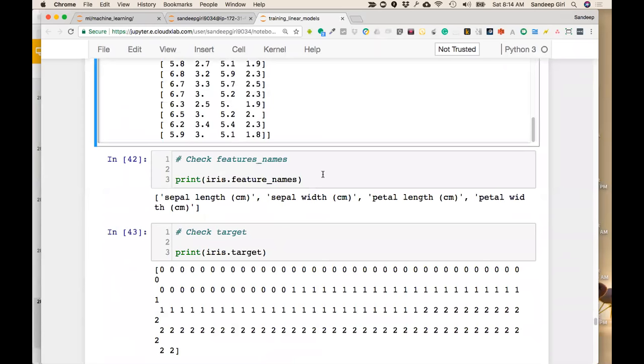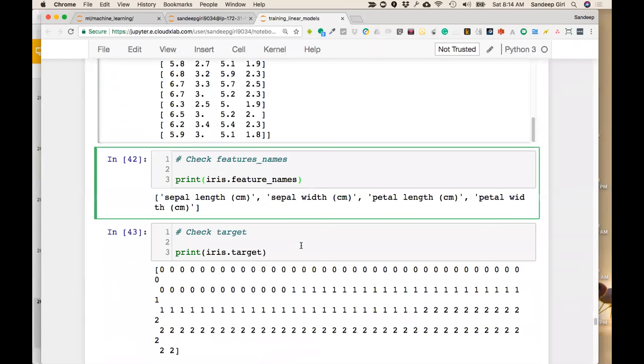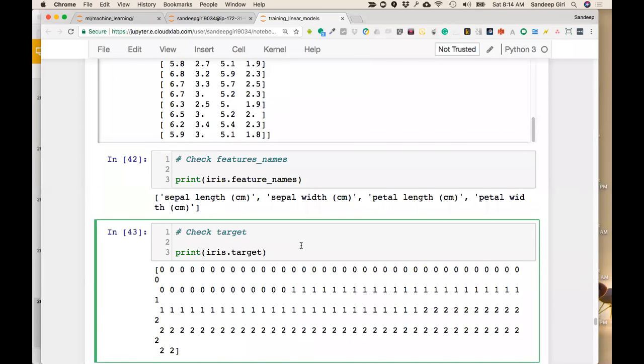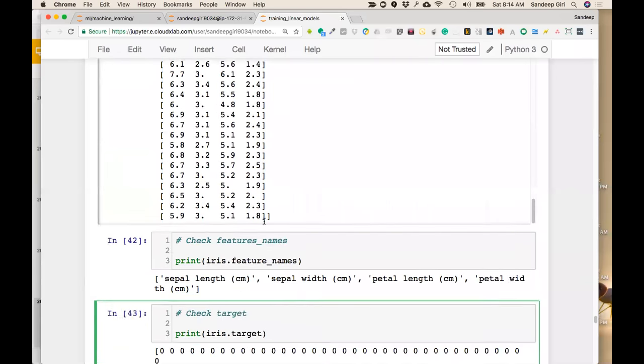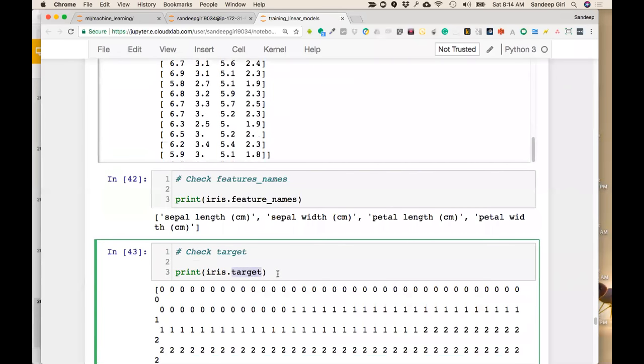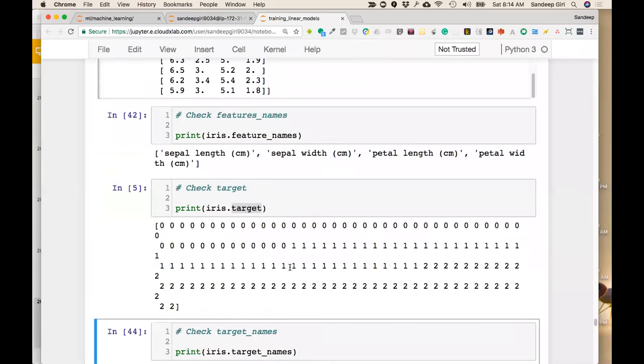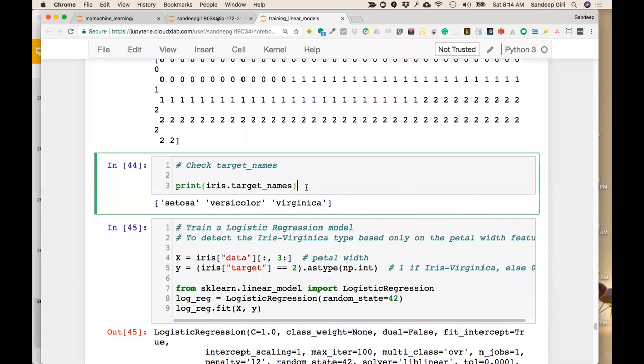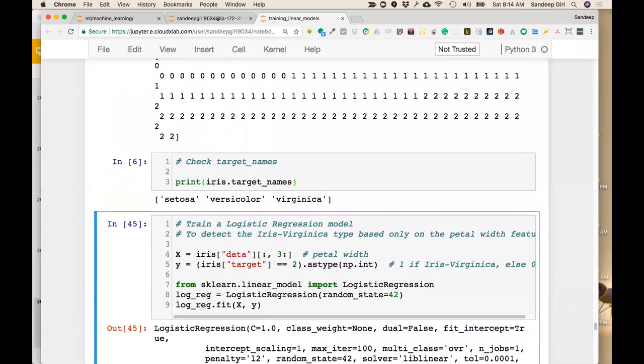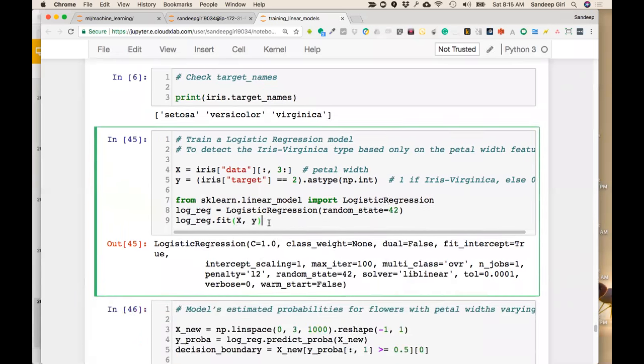And iris.feature_names, iris.target. So iris.data and iris.target is what we are interested in. And the target names are these. So what we have here is we are training the logistic regression model.